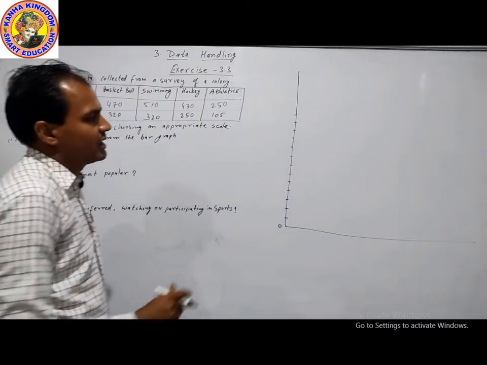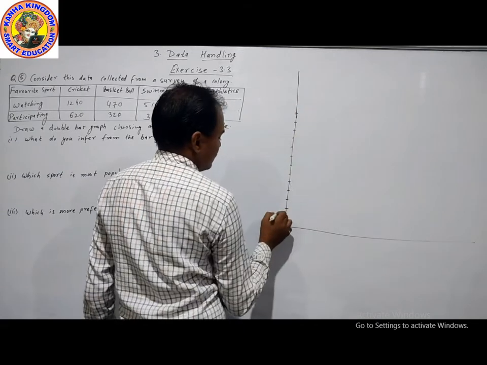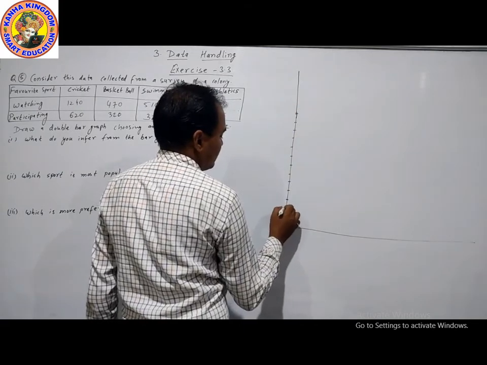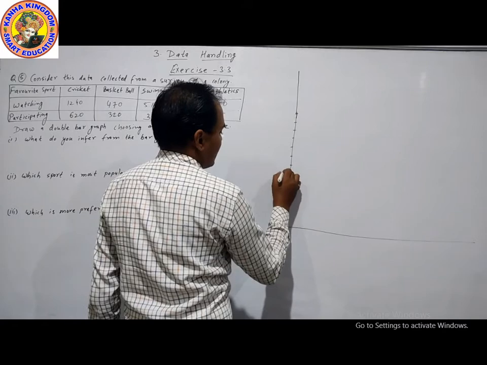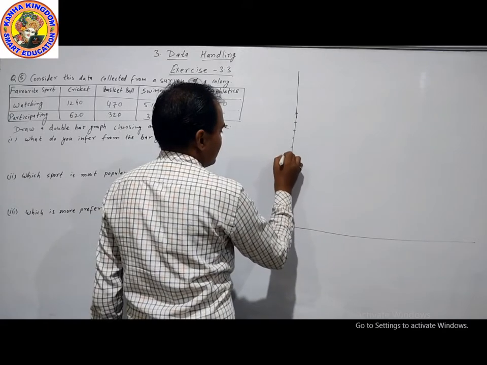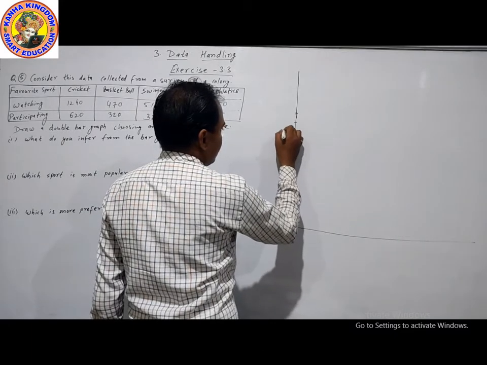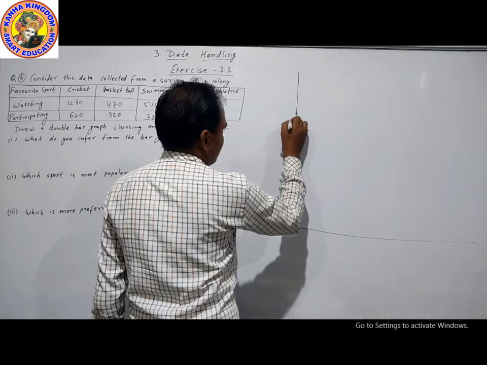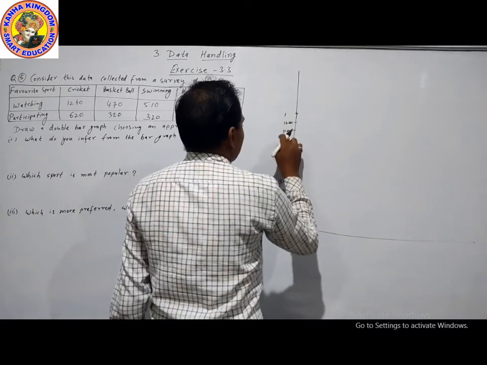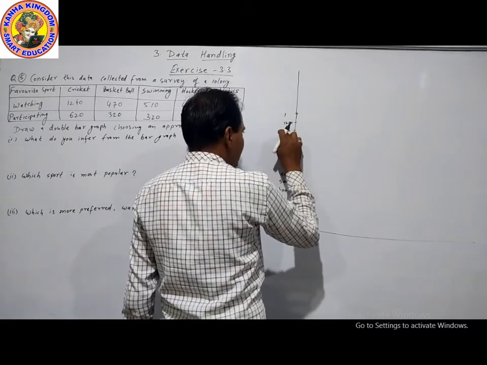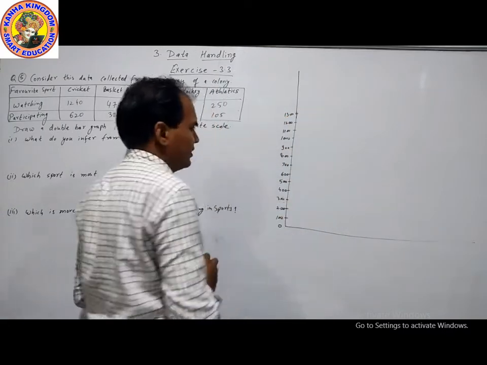These are the 13 lines. 100, 200, 300, 400, 500, 600, 700, 800, 900, 1000, 1100, 1200, 1300.